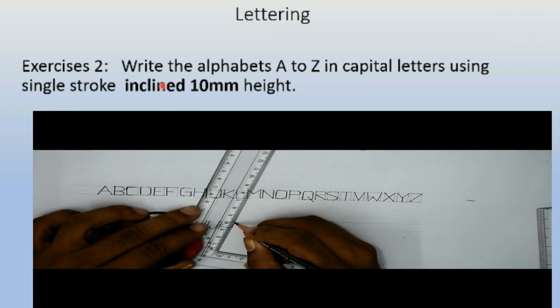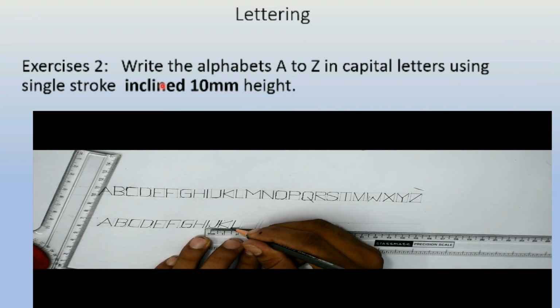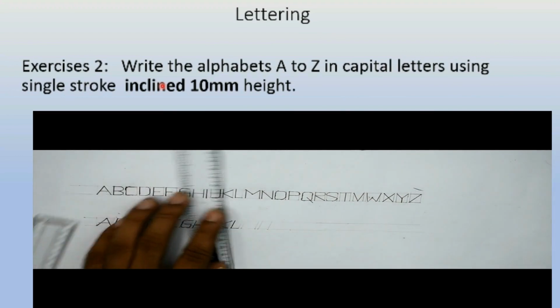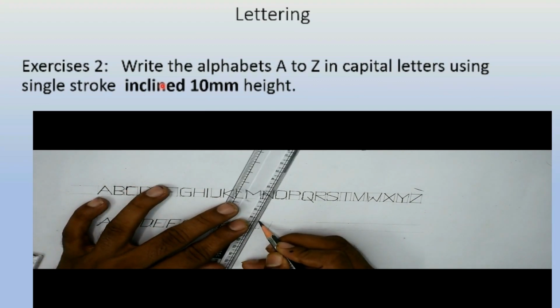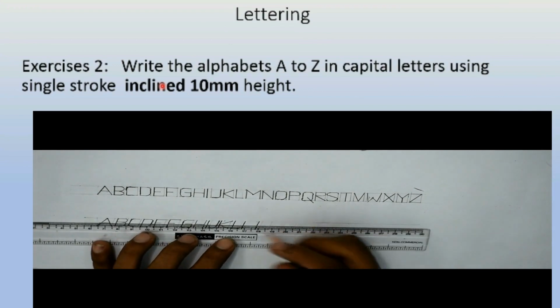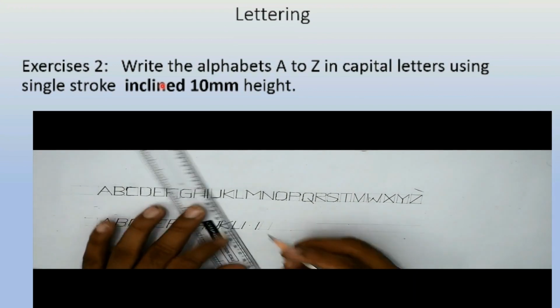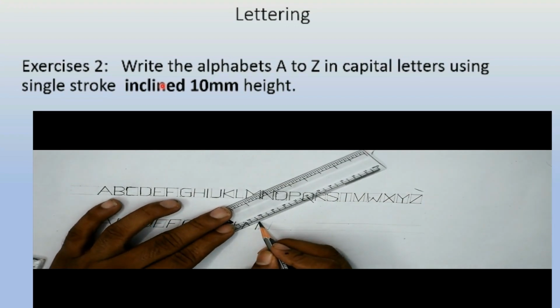So I'll draw the letter L here. L. Now the letter M. Say this is the center point. M.